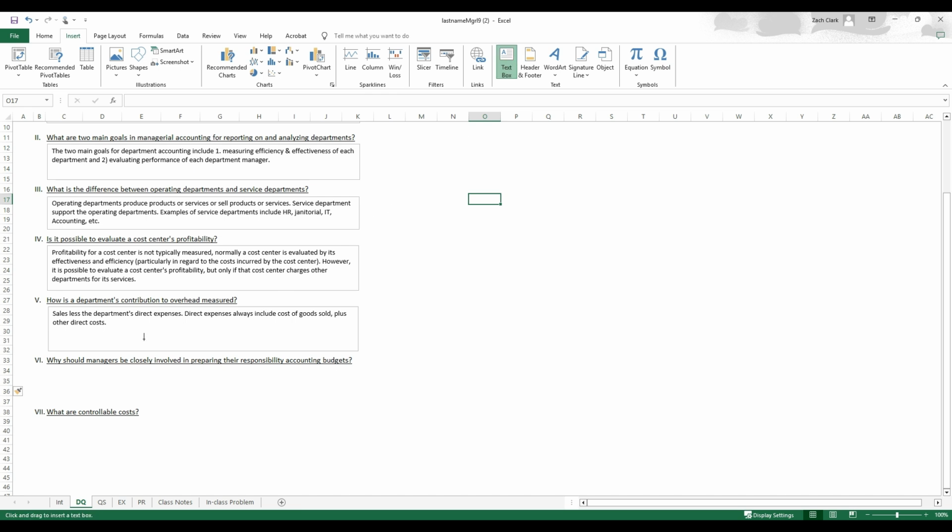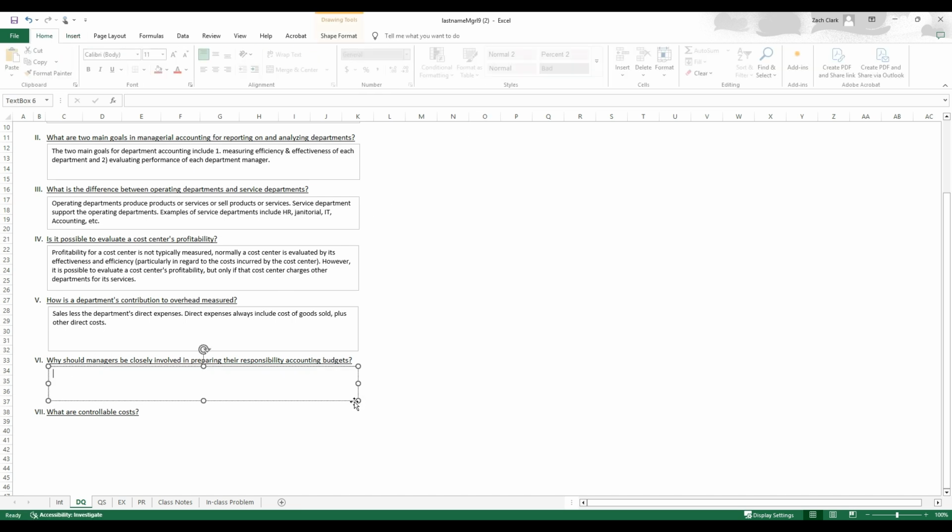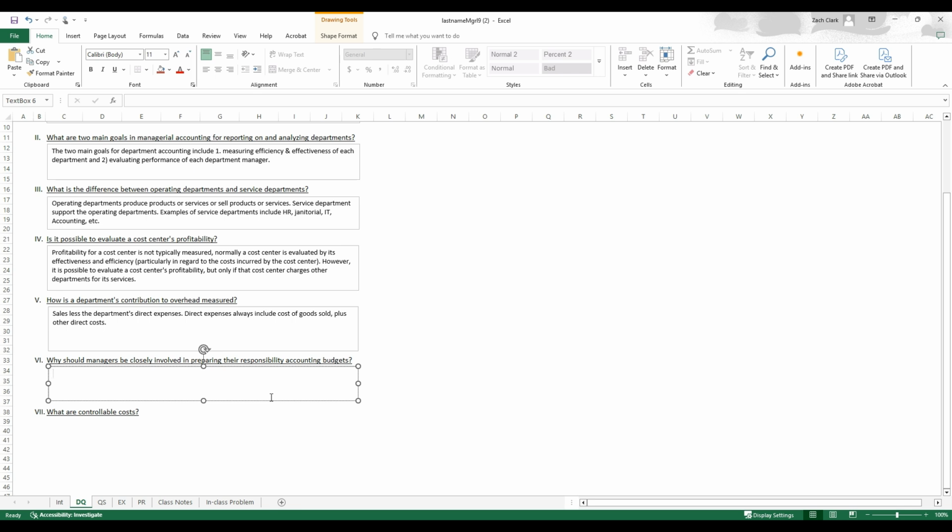And I think this one is pretty logical and straightforward, because if the manager is going to be held accountable to that budget, then the manager should have some input in the budget overall.